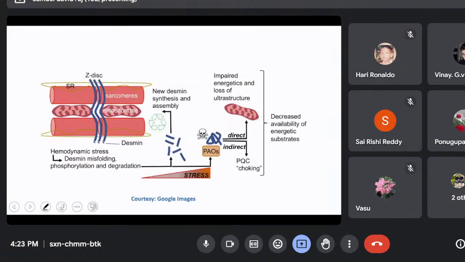And here you can see this. Desmin misfolding, phosphorylation, and degradation is found to cause hemodynamic stress also. So this desmin protein connects the Z disc with the plasma membrane so that the cytoskeletal integrity is maintained.